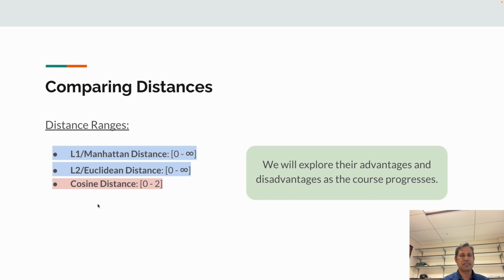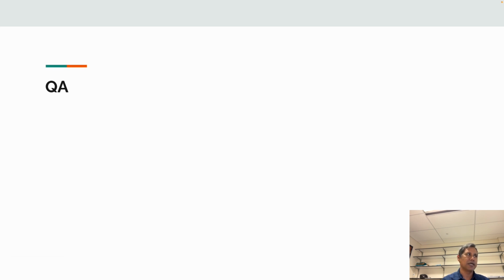We will learn these things in our coming classes. One of the important characteristics of these metrics is their distance ranges. For example, for L1 or L2 distance, the range is between 0 and infinity. For cosine distance, the range is within 0 to 2. Again, if you have any questions, feel free to ask me.